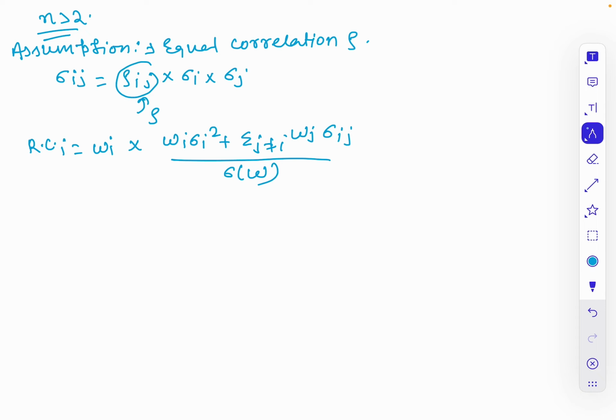Got it? And then this will be equal to omega i square sigma i square plus, for all j not equal to i, omega i omega j sigma ij, divided by the portfolio risk, right?